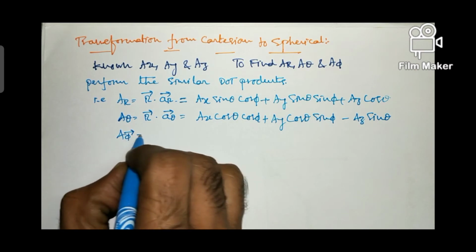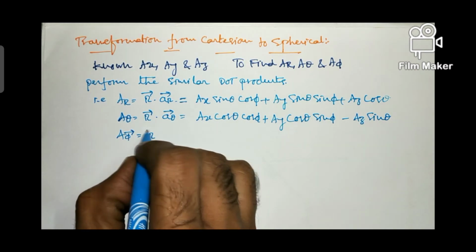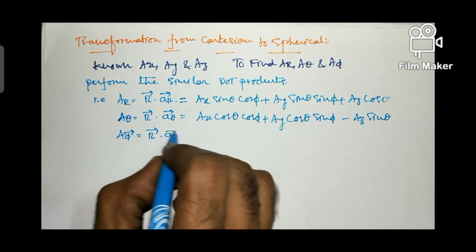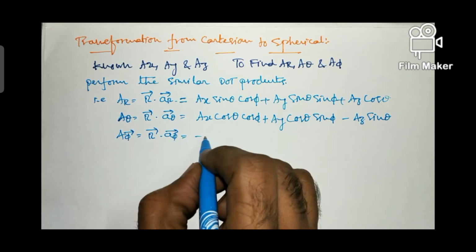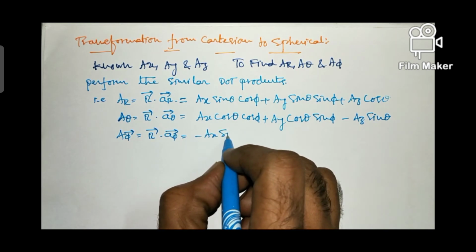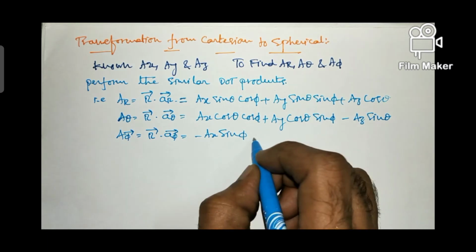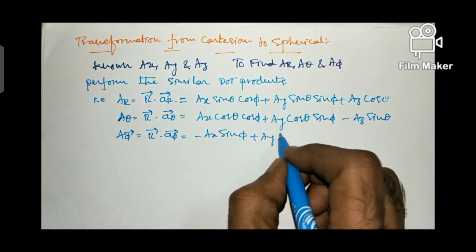And A phi, similarly we get r bar dot a phi bar, which is equal to minus Ax sin phi plus Ay cos phi.